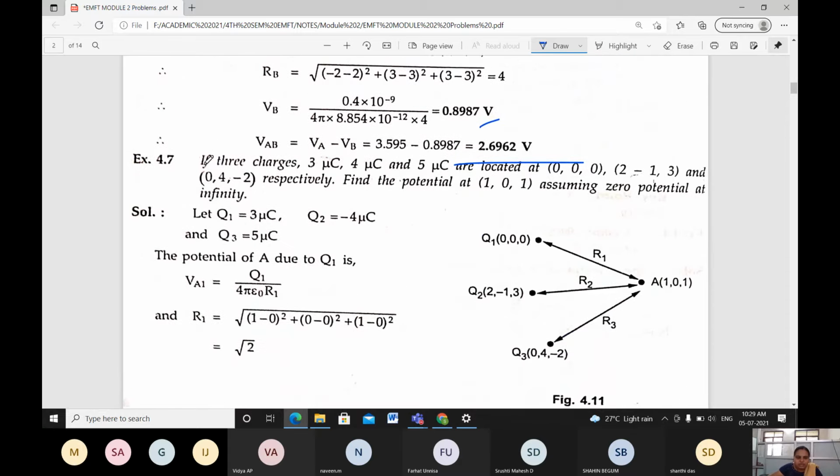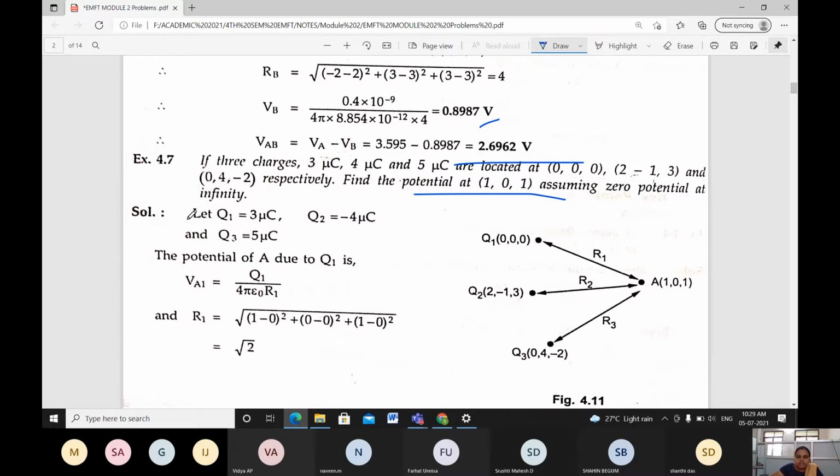Next, three charges, that is 3 microcoulombs, minus 4 and 5 microcoulombs, are located at different locations here: 0, 0, 0 and 2, minus 1, 3 and also 0, 4, minus 2 respectively. Find the potential at the point 1, 0, 1, assuming zero potential at infinity.